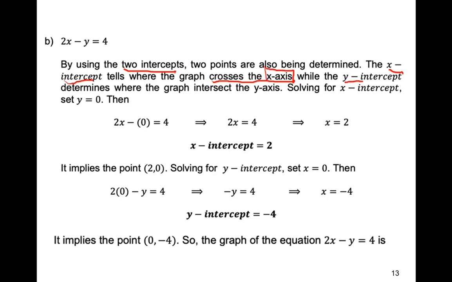While the y-intercept, it determines where the graph intersects the y-axis naman. Madali lang naman tandaan. Pag x-intercept, saan siya tatama sa x-axis? Pag y-intercept, saan tatama sa y-axis? So, paano ba natin masosolve itong x-intercept natin? Malalaman lang natin to if we set the value of y to be 0.